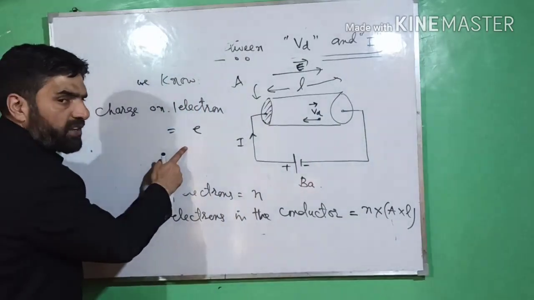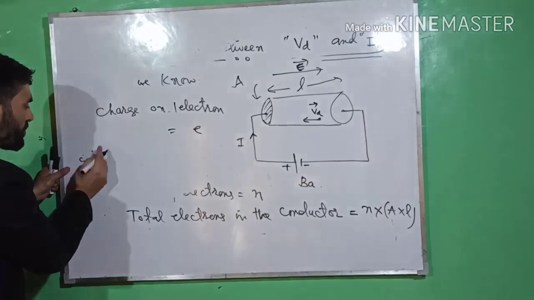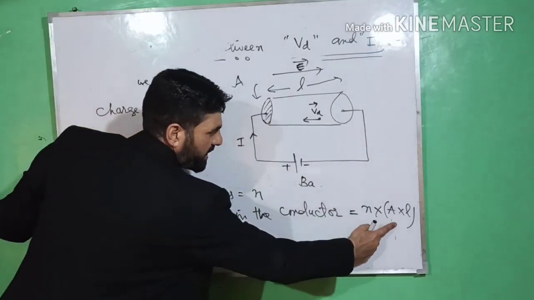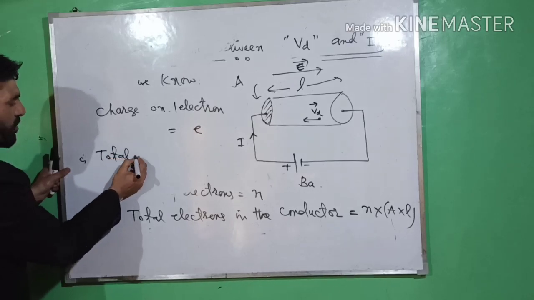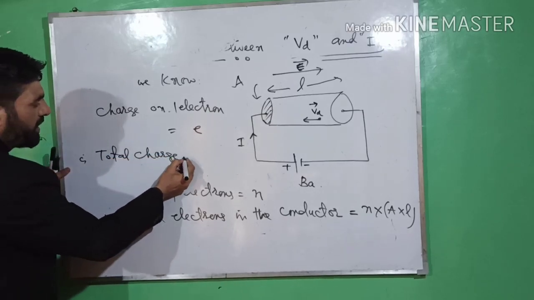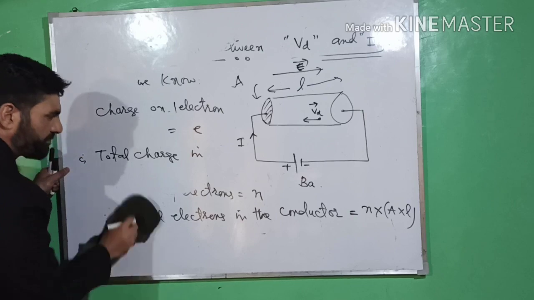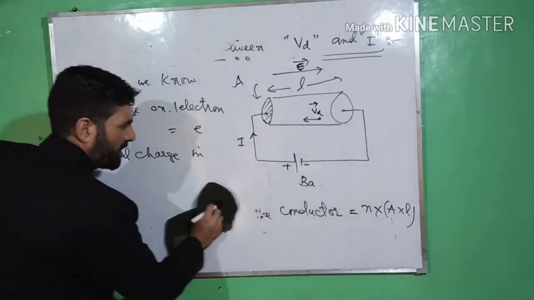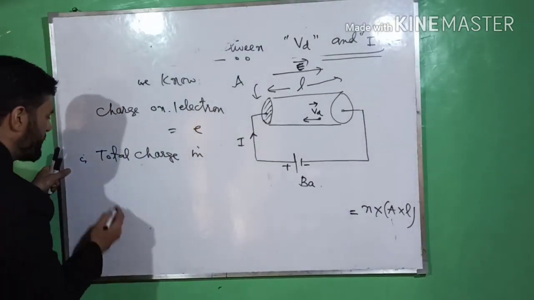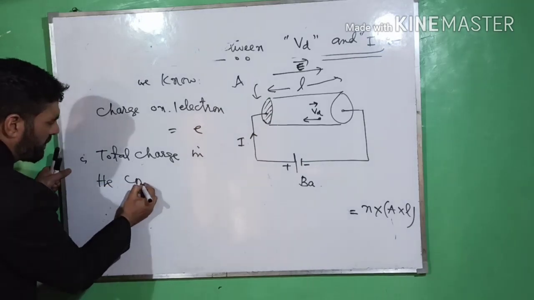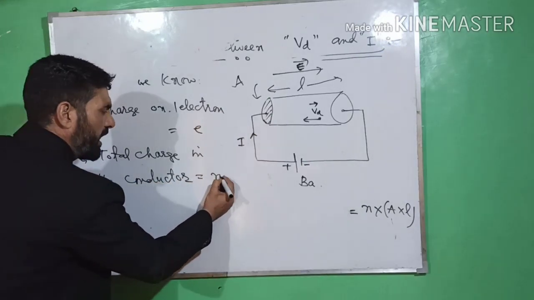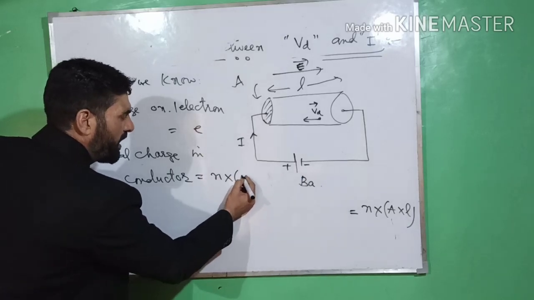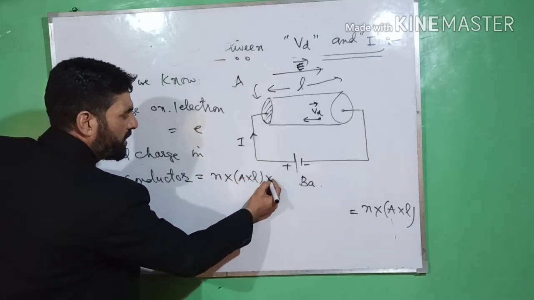The charge on one electron is E, but the total number of electrons in the conductor is N A L, therefore the total charge in the conductor is equal to N into A into L into E.